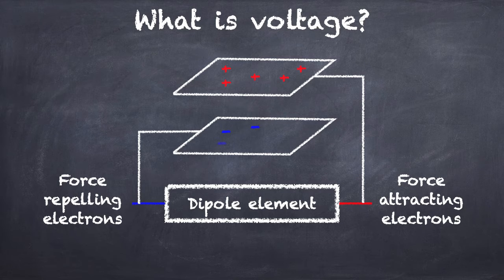Now, although these charging processes were shown one at a time here, they actually occur simultaneously. Eventually, an equilibrium situation is reached where the electrostatic force generated by the plates balances the attracting and repelling forces of the dipole. At that point, the top plate is at a fixed electrostatic potential, and so is the bottom plate.